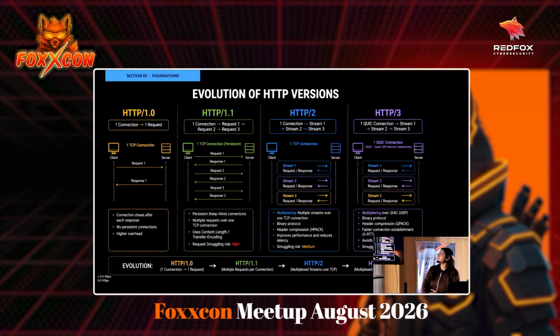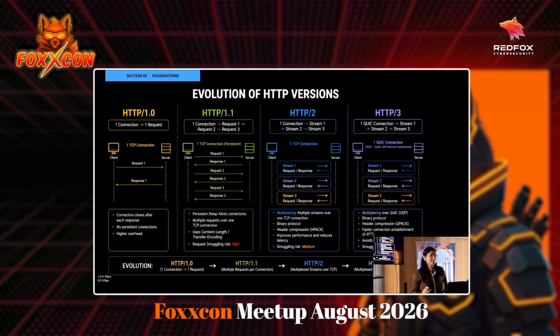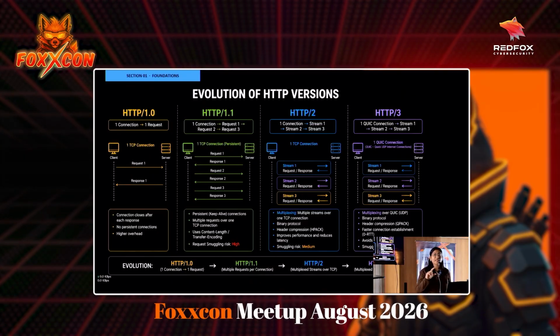The next is HTTP 2 and 3. Here we have streams. In HTTP 1.1, we can smuggle requests, because we can send multiple requests in the same connection. So smuggling is possible. How? We will see.